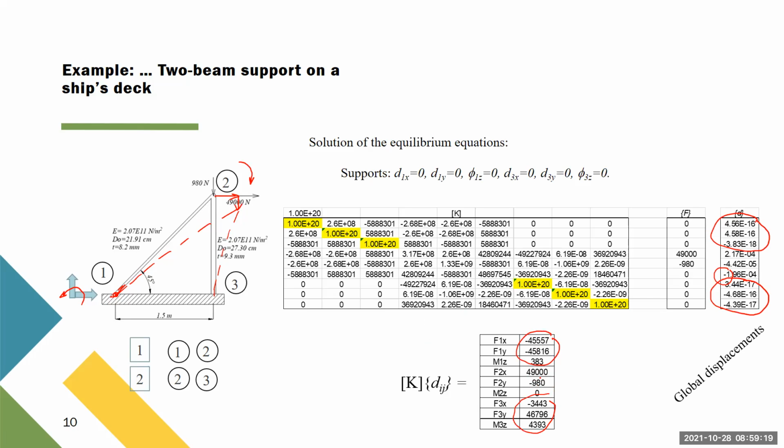These 3 are known, so we don't care. Here, I see that I need a force to the left, these are external forces, I need a force downward, and I need a positive moment. Similarly on the other side.